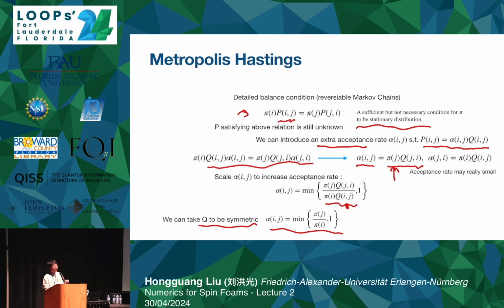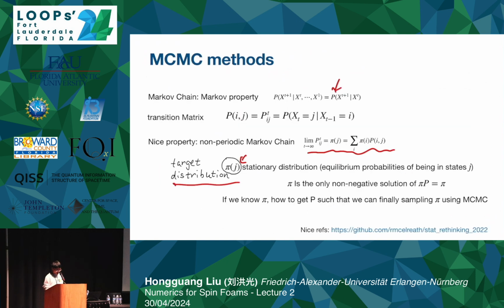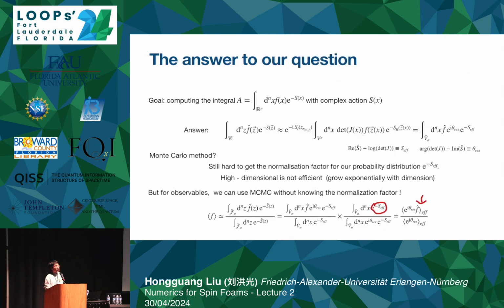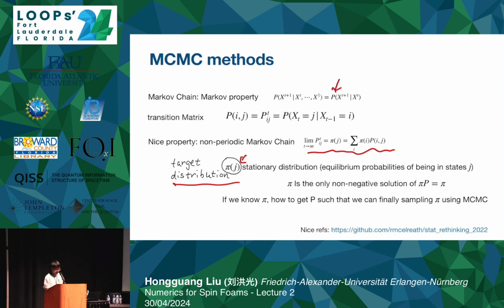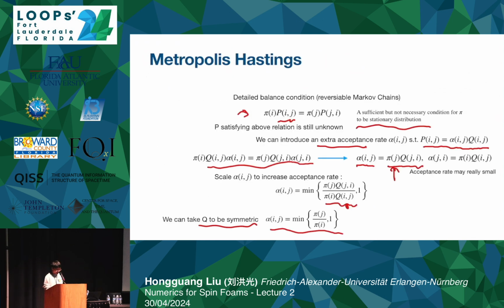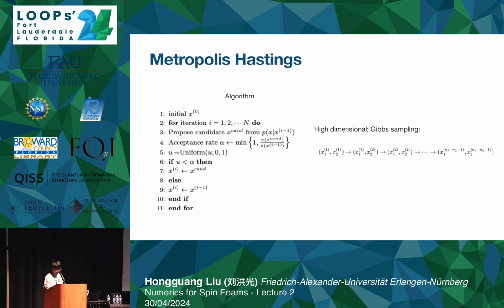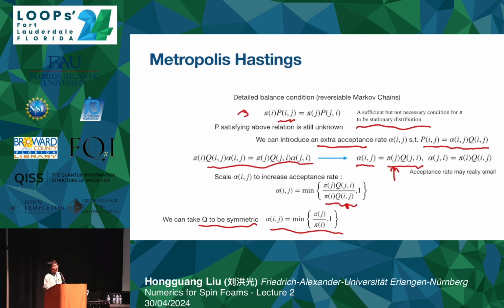So this is a calculable acceptance rate, and it's well defined. It's basically given by our exponential probability distributions. So this is how we do the calculation, at least the algorithm. There are many techniques to optimize the procedure, but this is the basic idea.